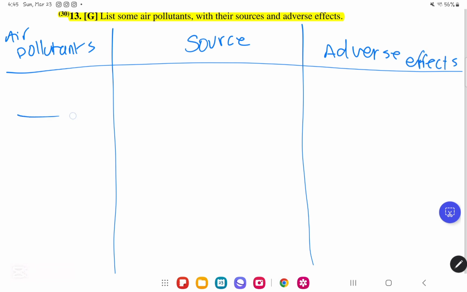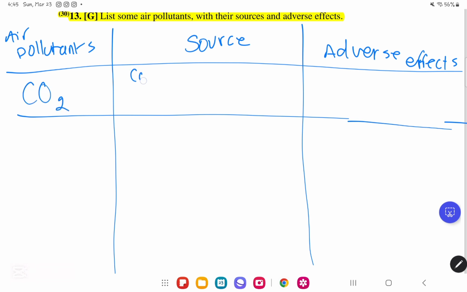Okay, so the first thing we can talk about is the carbon dioxide, CO2. Its source is from the complete combustion of carbon. And the adverse effect is that it leads to global warming.